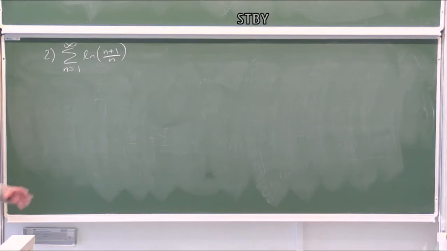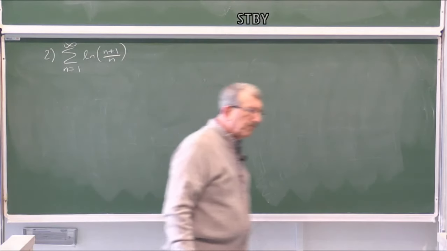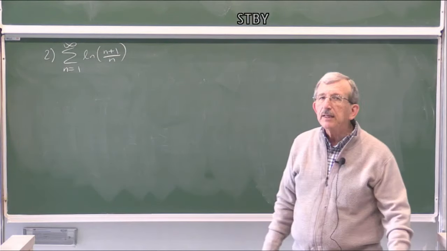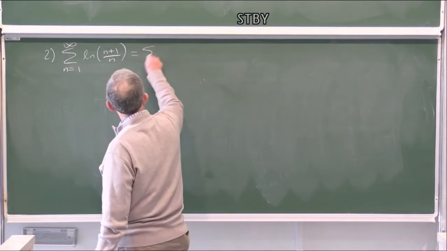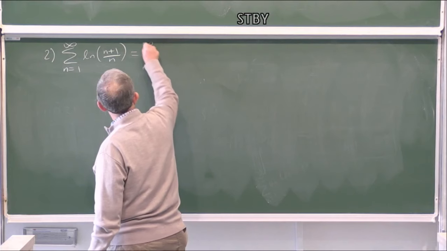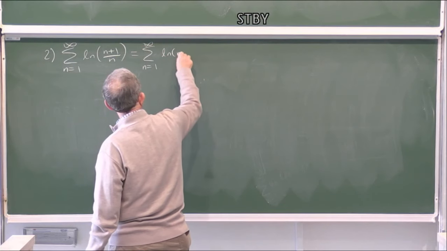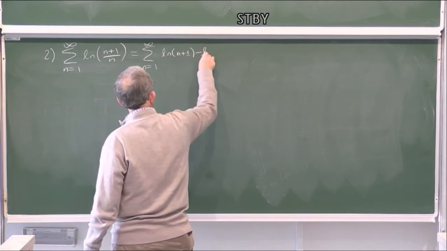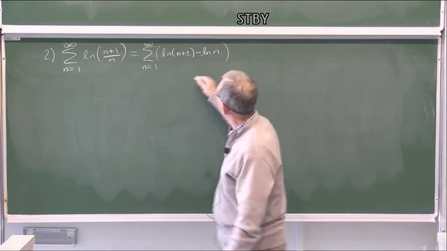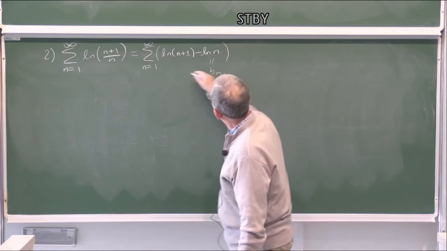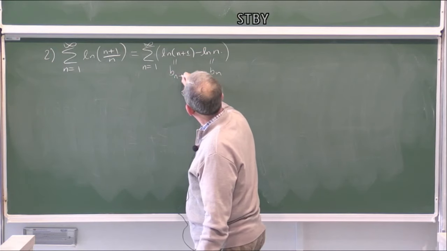Okay, you're adding the logarithms, etc. But if you look at it from the telescoping point of view, this is nothing but the sum of logarithm n plus 1 minus logarithm n. Of course, you call this Bn. This becomes Bn plus 1.